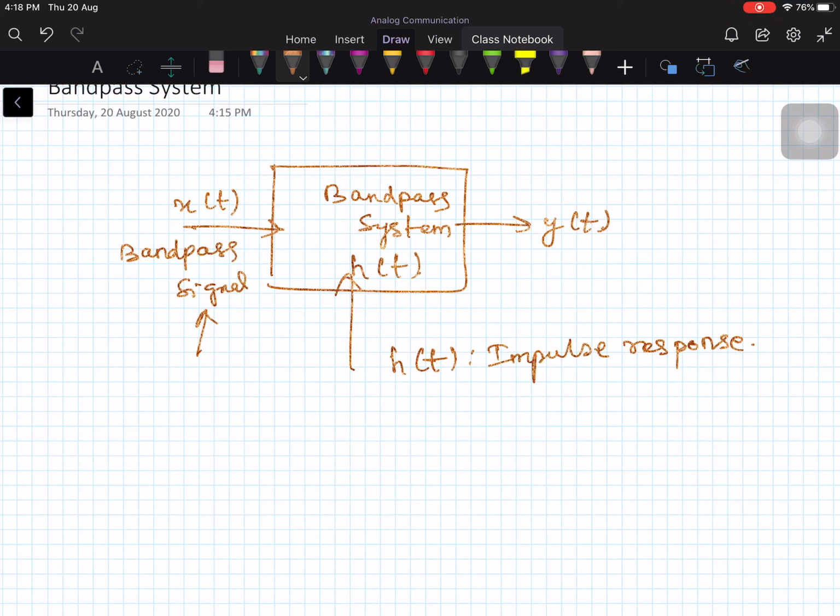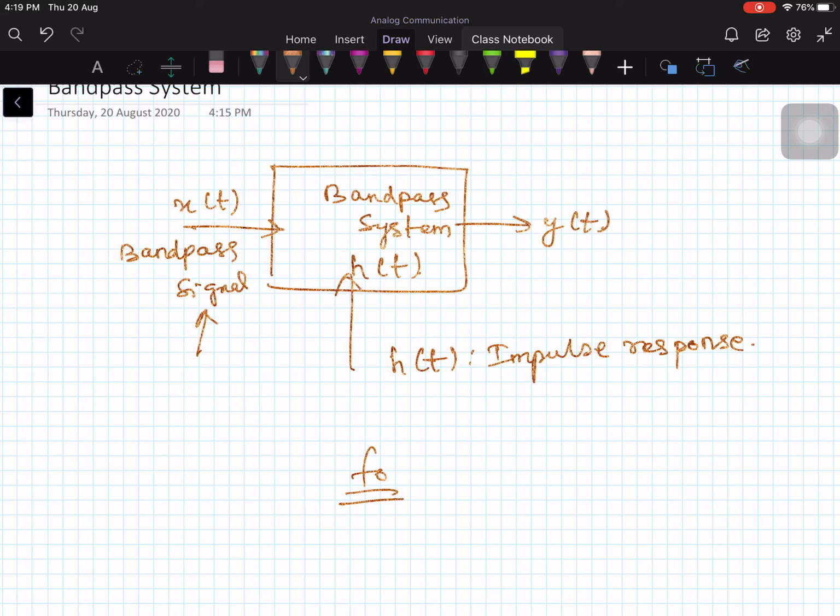So a bandpass filter always operates around a center frequency called f naught. If the input doesn't have any frequency components in the neighborhood, the output of the filter will be identically 0. So it makes sense that the input signal also is a bandpass signal in the same neighborhood, where it has non-zero contribution, and far away from the center frequency it has 0 contribution.